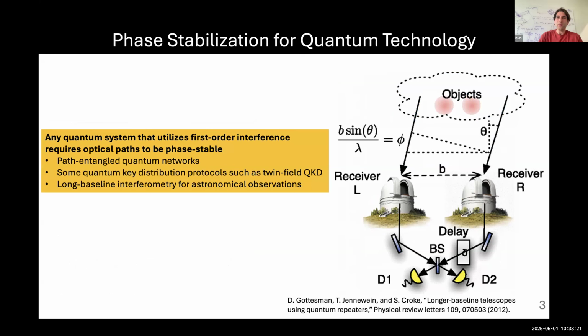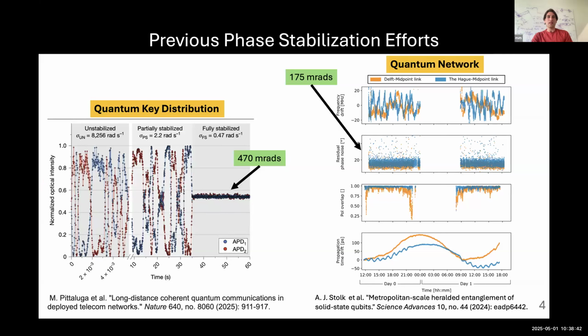That's hard, right? Because an optical wavelength is a few micrometers, or a few microns, so it's very easy to mess that up. The environment has plenty of noise that can couple to the phase. I put a few examples, as people are starting to get interested in phase stabilization for a lot of these systems.